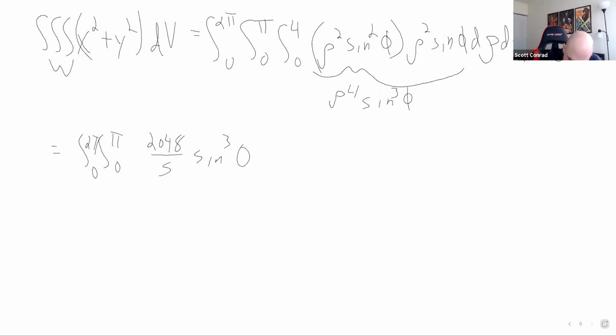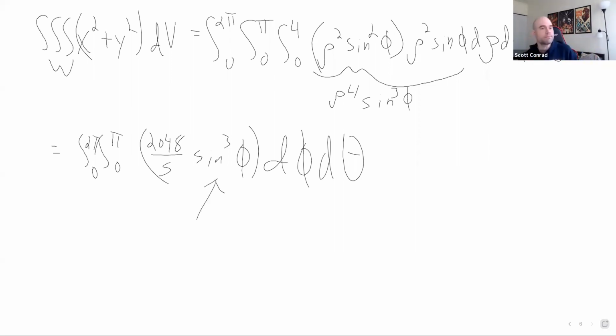And then sine cubed phi. I just want to mention one thing, because this shows up sometimes. If you're integrating sine squared or cos squared, remember we had the double angle formula that you want to convert to integrate those. But for sine cubed, remember sine cubed is just sine squared phi times sine phi.